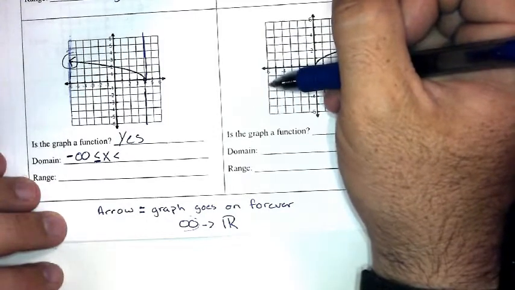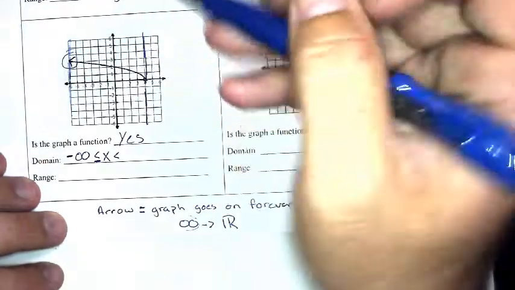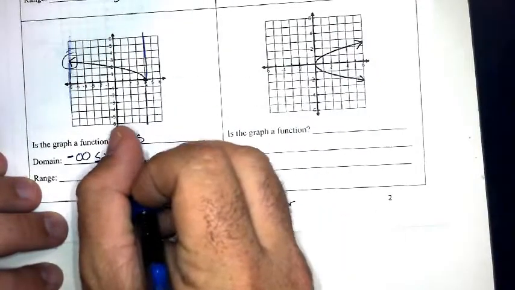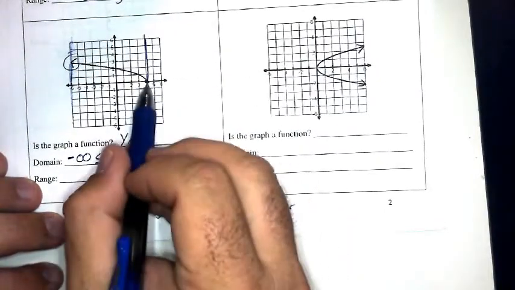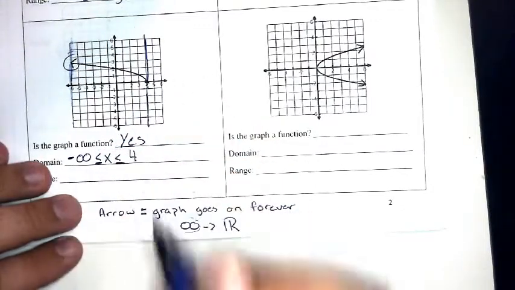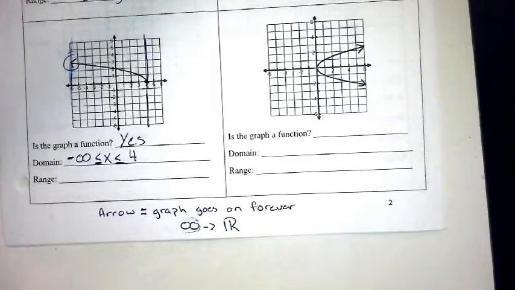Is that dot open or closed? Closed. So I use my infinity equal symbol there. I've been flubbing over my words all day. Yes, Jack. Yeah, if you see an arrow, it's always going to be considered like a closed circle.